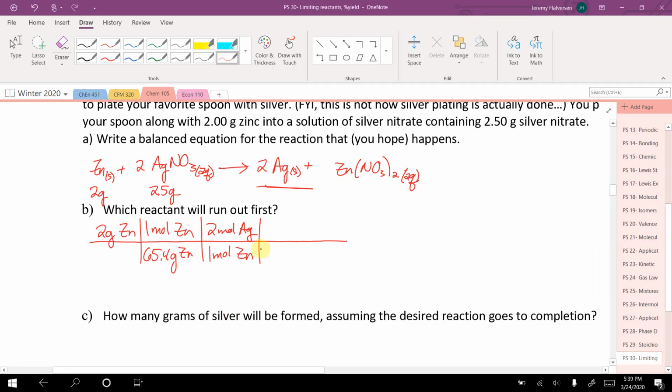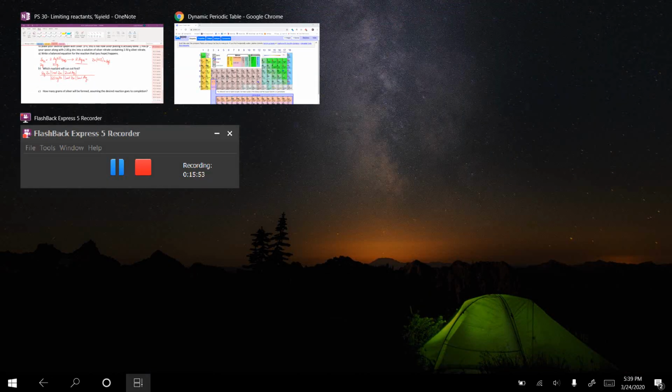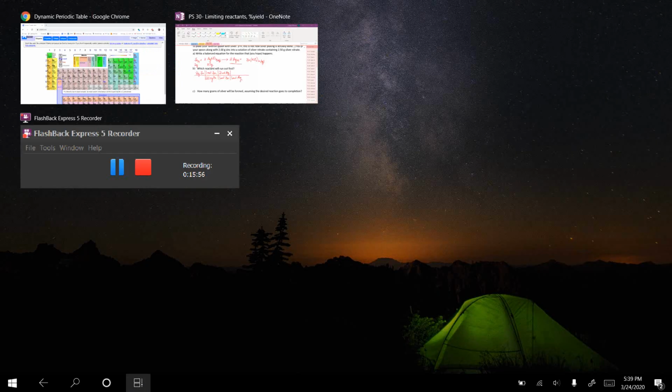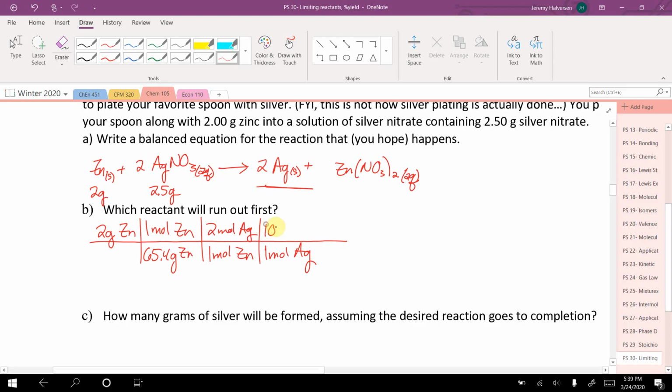And we're trying to get grams, so 1 mole of silver weighs 107.9. That gives me 6.599 grams of silver.